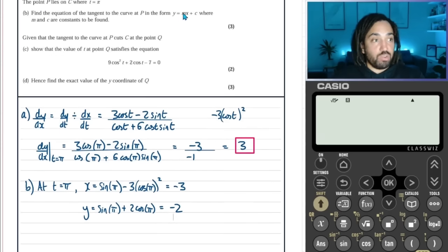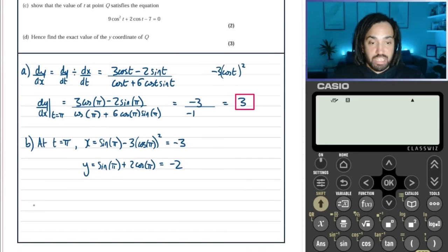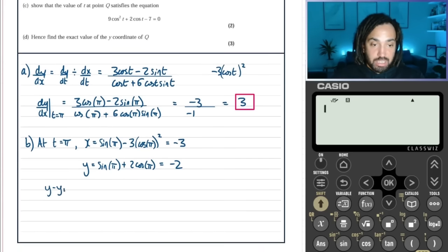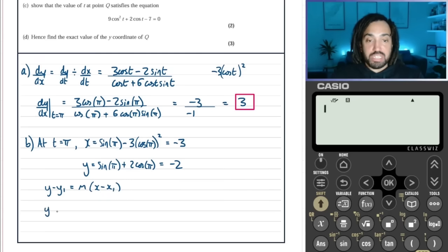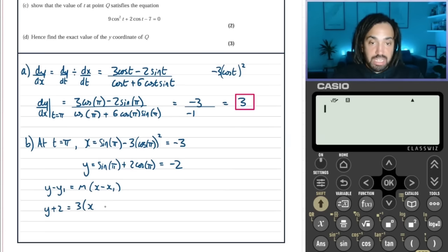It wants it in the form y equals mx plus c, but I'm still going to use the overpowered y minus y1 equals m(x minus x1). So we're going to substitute in the y coordinate. So it's minus 2, so plus 2 is equal to the gradient, which is 3, x, and then minus 3, so plus 3.